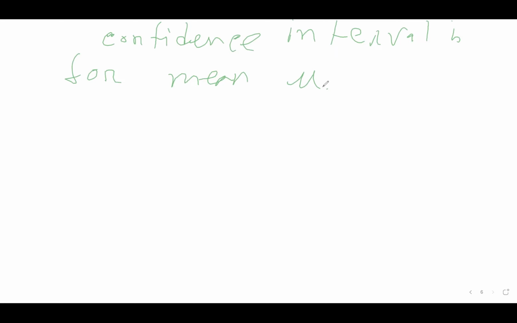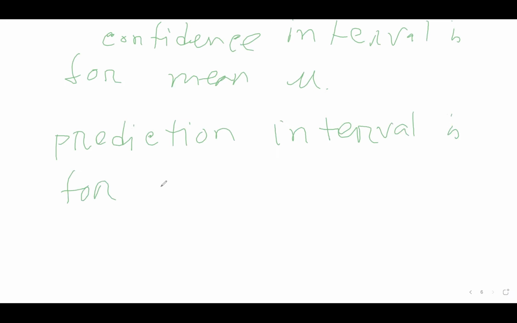But if you construct an interval for individual observations, that is called a prediction interval. So what does it mean? A confidence interval will determine where the mean mu lies.